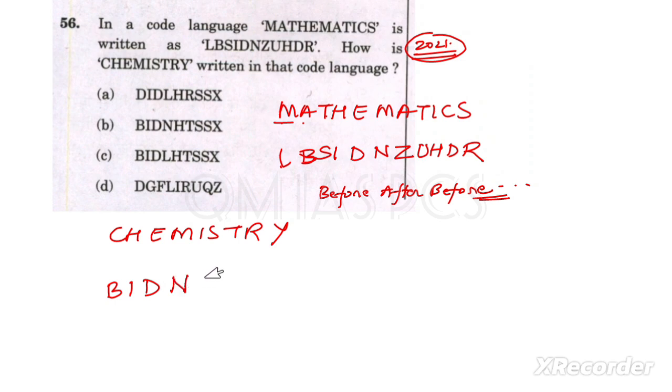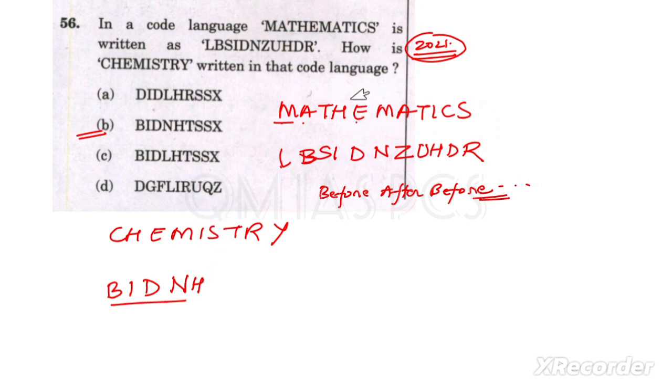Still, if you want to write the next alphabet, it will be like after E it is, sorry, before E it is D, so before I it is H. Then after M it is N, so after S it is T, right?